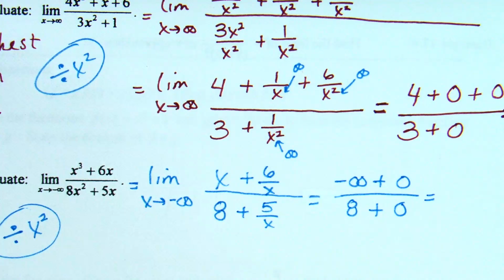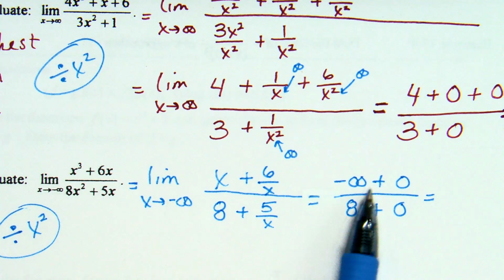And so now, what do you know about negative infinity divided by 8? Except it's not going to equal positive infinity, it's going to equal negative infinity. So if you're working with negative infinity, it equals negative. If you're working with positive, it equals positive. Because if we take an increasingly smaller number, it's getting smaller and smaller and smaller, but you're still dividing by 8.